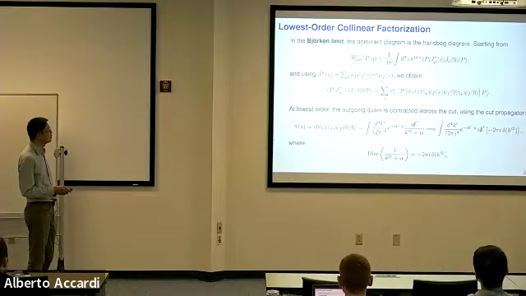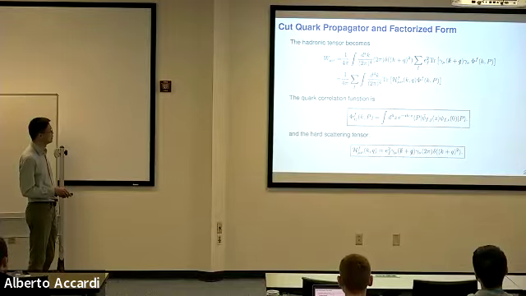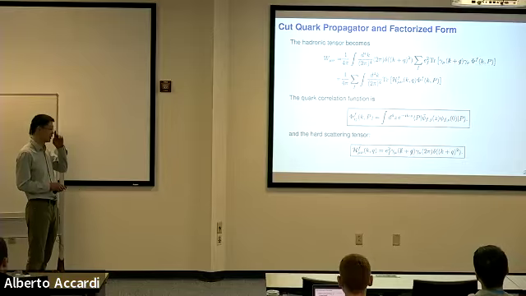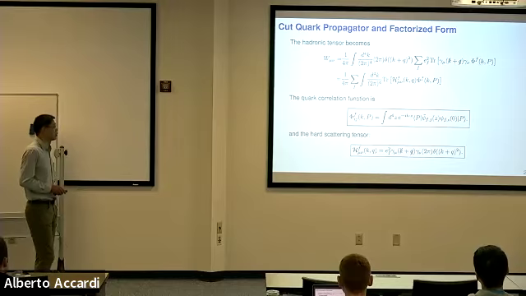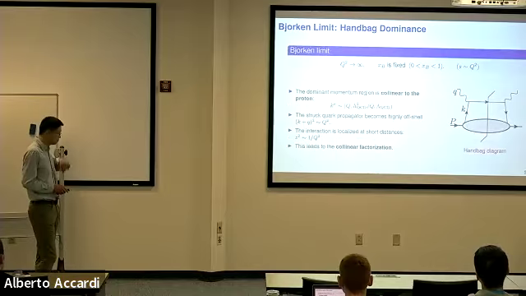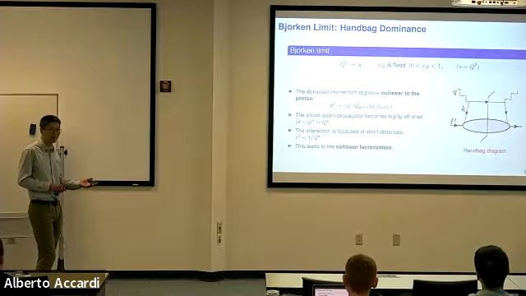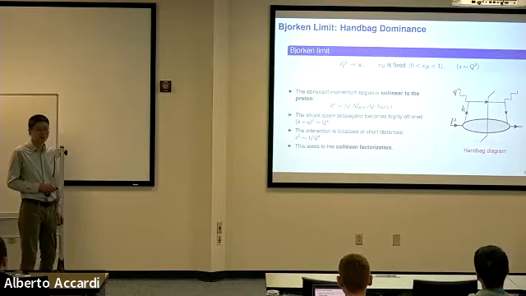But I need to contract one propagator here and put it on mass shell, and that's how I get the result here. I'm actually using the Bjorken limit. There's a serious proof in the first reference I listed of why this is a dominant diagram. It needs proof. I cannot just tell you without proof.